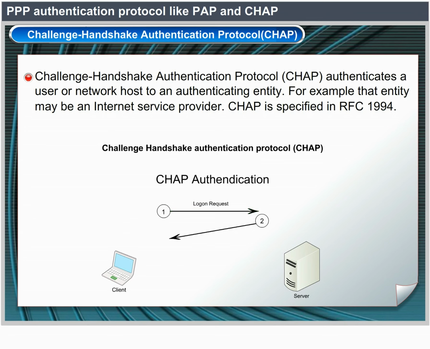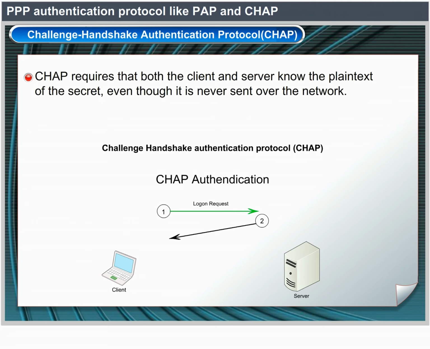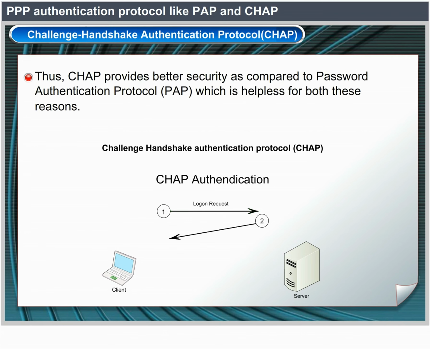CHAP provides protection against replay attacks by the peer through the use of an incrementally changing identifier and of a variable challenge value. CHAP requires that both the client and server know the plain text of the secret, although it is not sent over the network. Thus, CHAP provides better security as compared to Password Authentication Protocol or PAP, which is vulnerable for both these reasons.